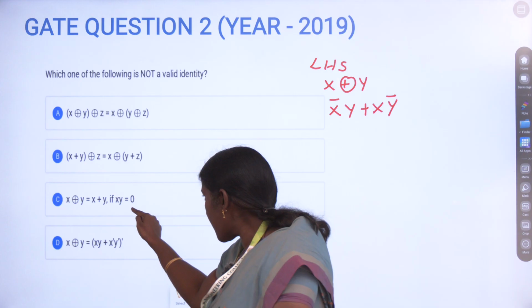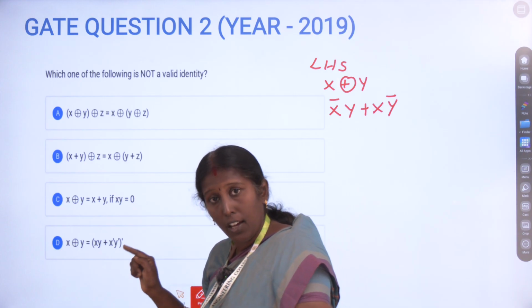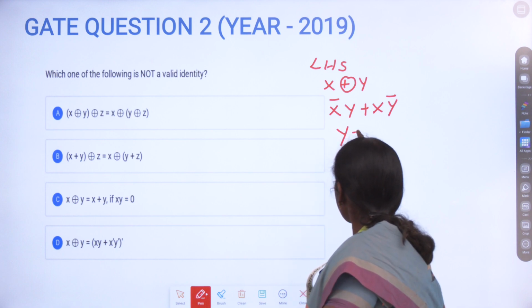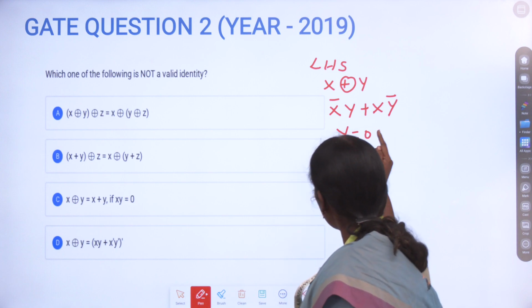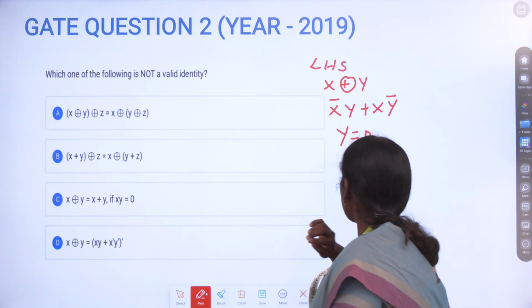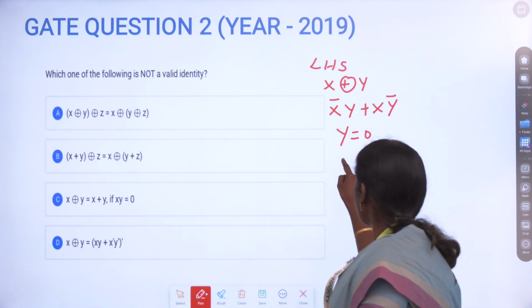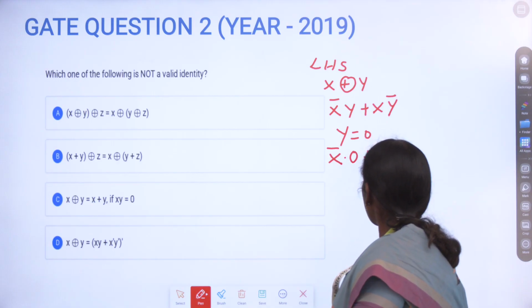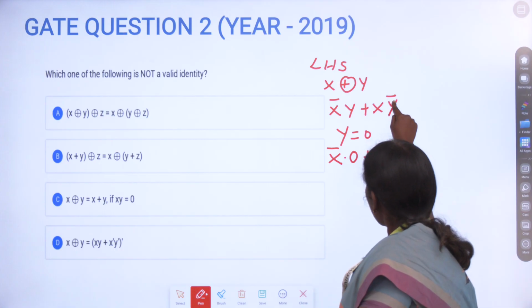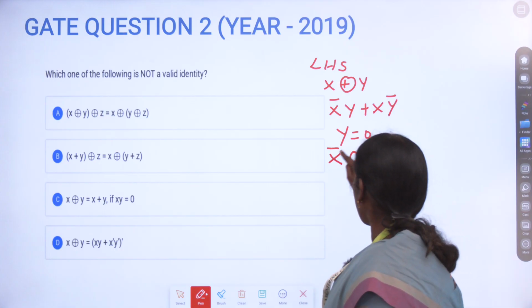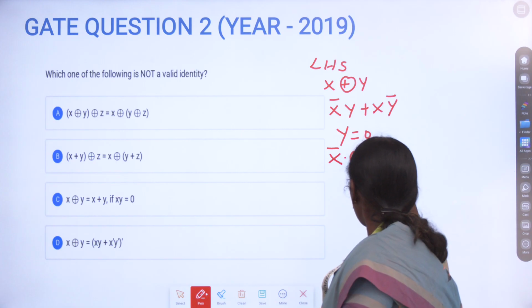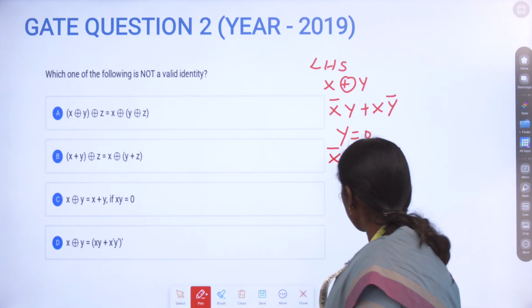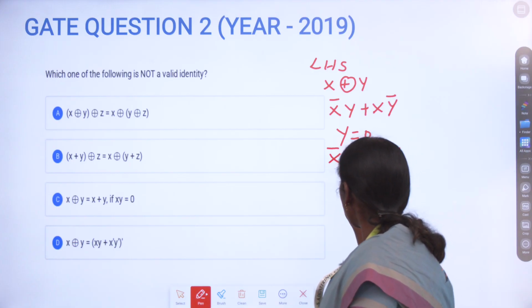If xy is equal to 0. They have mentioned that xy is equal to 0. So let me take y is equal to 0, because of x or y, one of them is 0. If I substitute in this, x bar dot 0 plus x y bar, we know that y bar means complement of y. So the complement of 0 will be 1. Something multiplied by 0, this term will be 0 and final term is x.